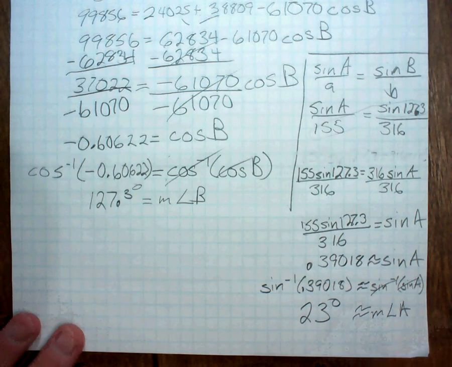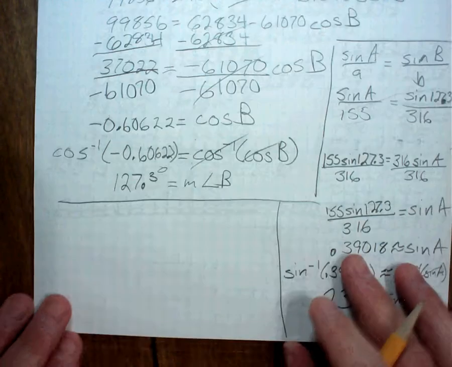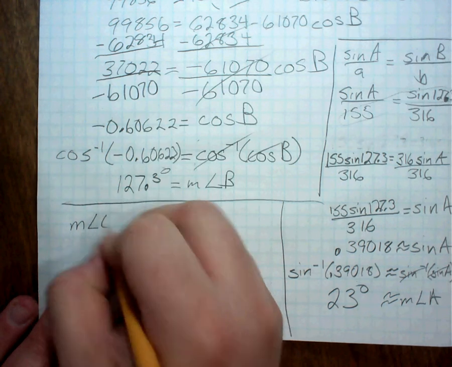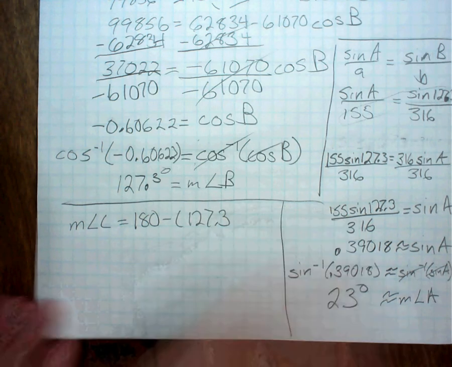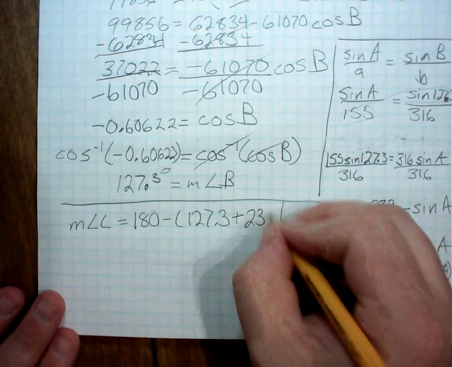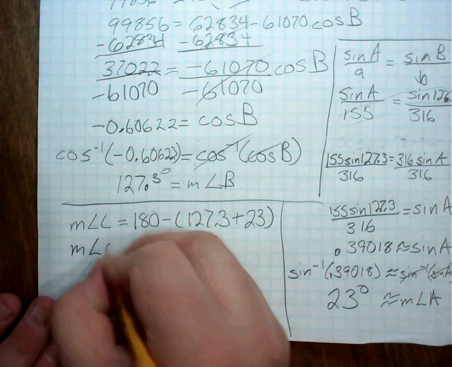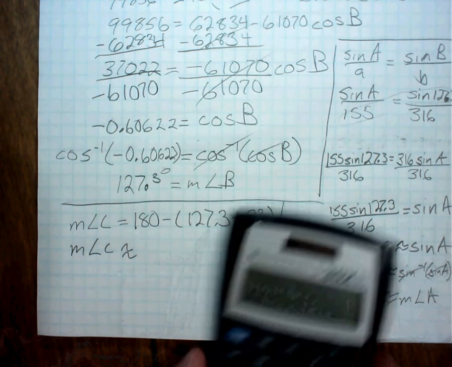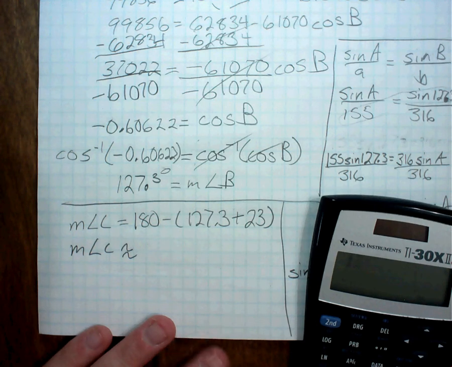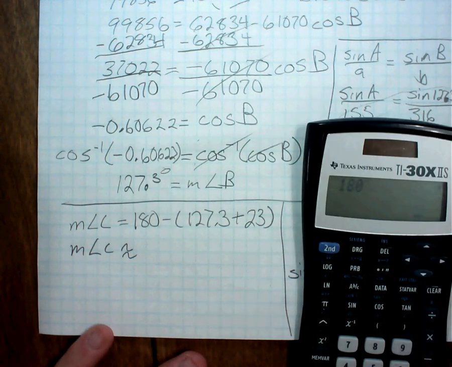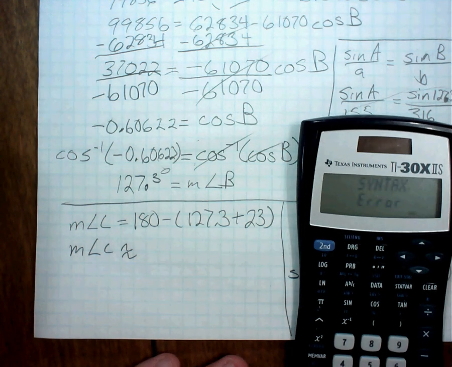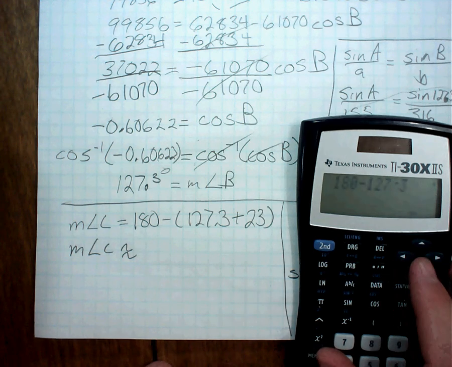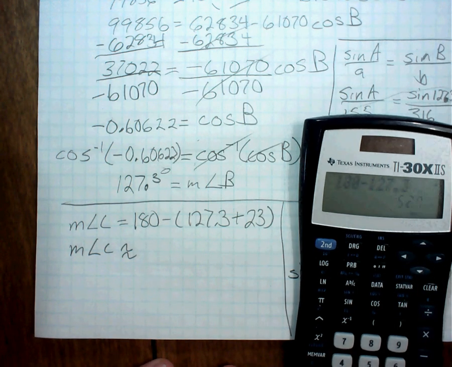And then now to find the measure of angle C, I'm going to say the measure of angle C is just going to be 180 minus 127.3 plus 23 degrees. So the measure of angle C is approximately whatever that is. So we're going to get 180 minus 127.3 minus 23.